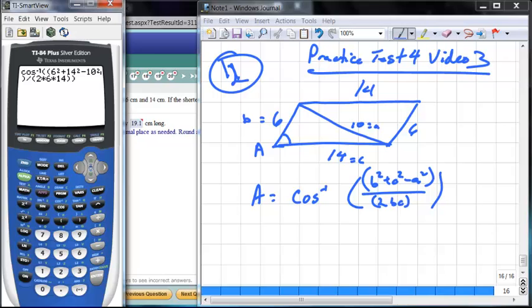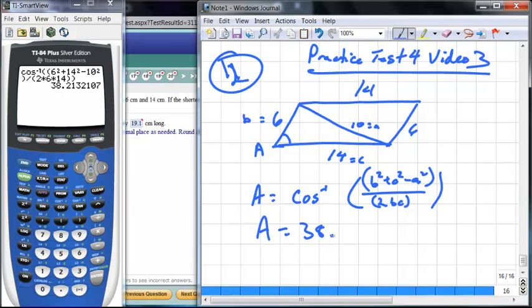Okay, so this is going to be angle A. So angle A is about 38.21 something degrees.